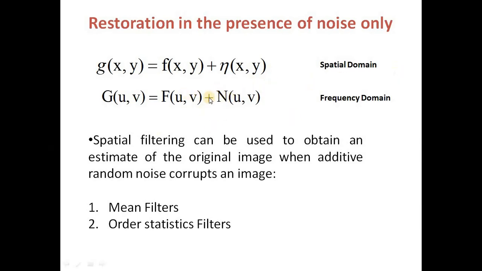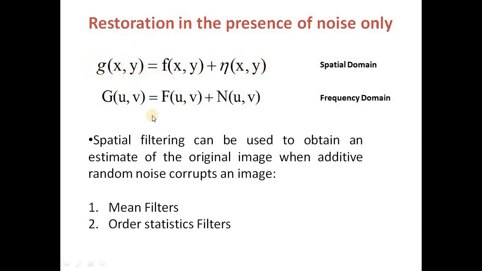Here in this special case, H of u,v is equal to 1. So F of u,v multiplied by 1 gives you F of u,v only, and so G of u,v equals F of u,v plus N of u,v. This is the frequency domain expression corresponding to the spatial domain expression.